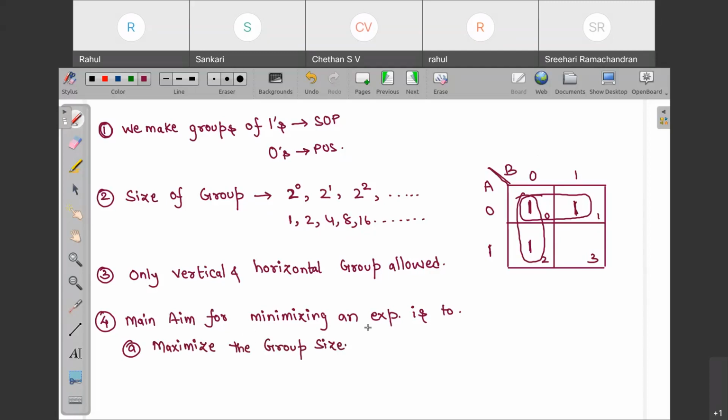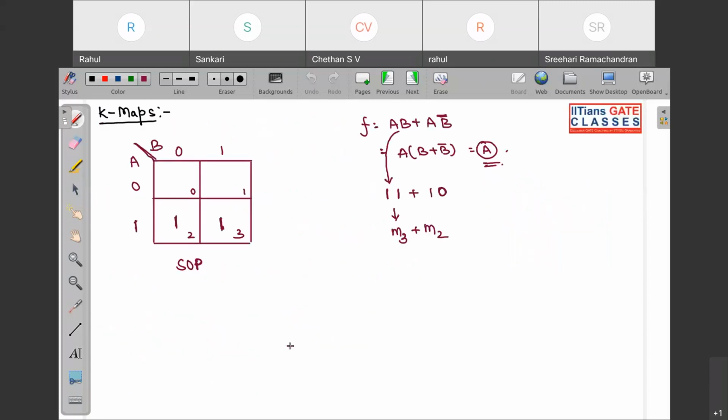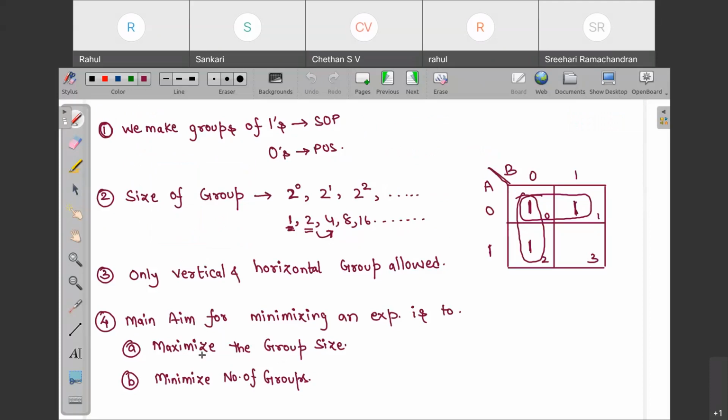If you are searching for ones, then try to find a group of 2 ones. If you find a group of 2 ones, try to search for a group of 4 ones. Maximize group size. Second is to minimize the number of groups. So your main aim or whatever theory is required, I have written everything over here.